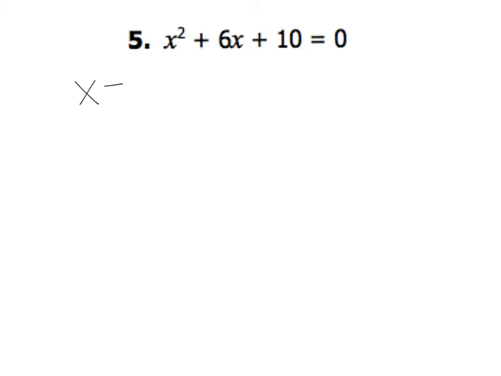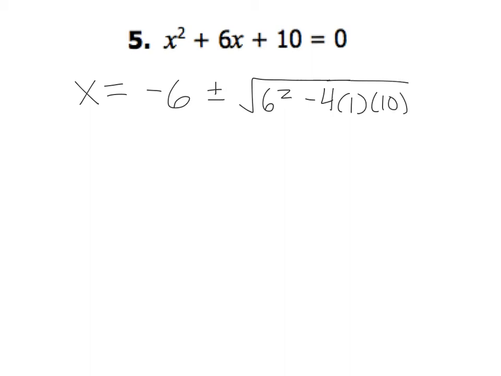So x equals negative 6 plus or minus the square root of 6 squared minus 4 times 1 times 10. And then all of this is going to be divided by 2a, so 2 times 1. Okay, so let's figure out what happens here.